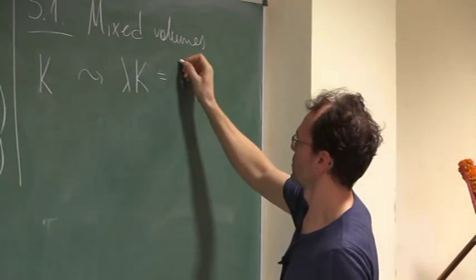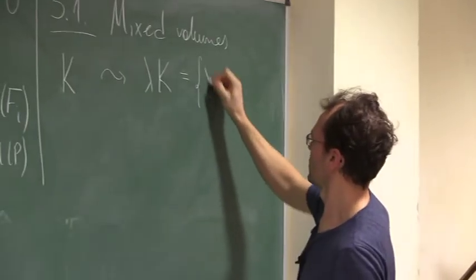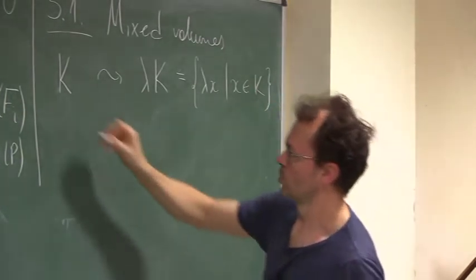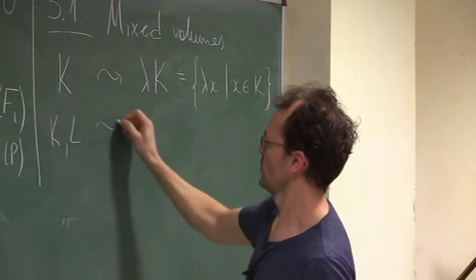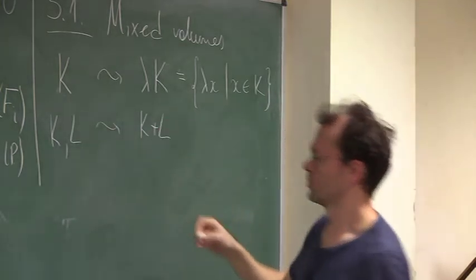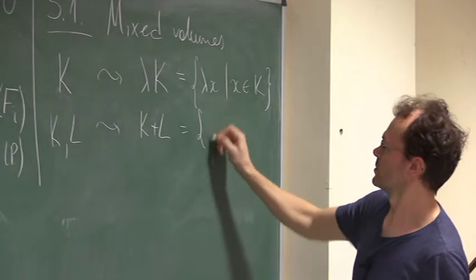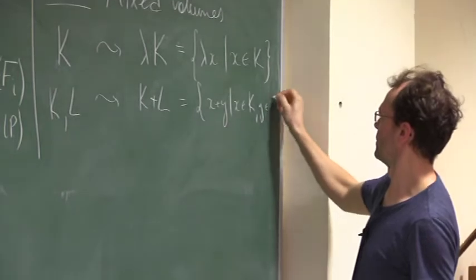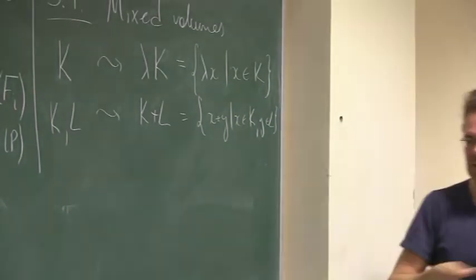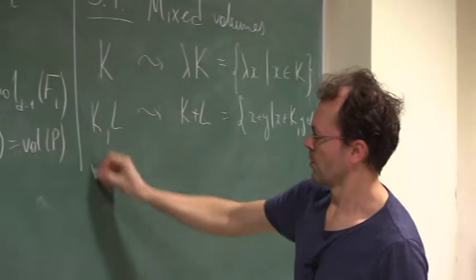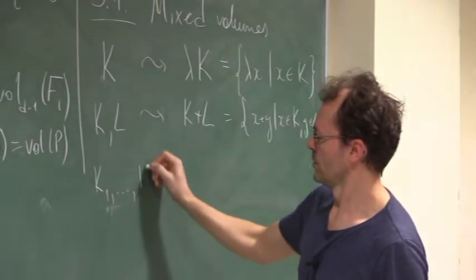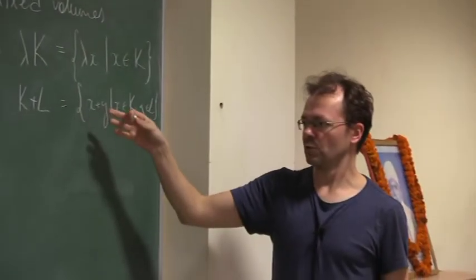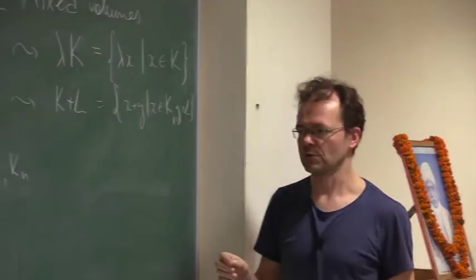So I define lambda K as the set of lambda x over all x in K. If you have two convex bodies K and A, then we can form the Minkowski sum, the set of x plus y, x from K, y from A. But that means we can also take any collection of convex bodies and then consider a sort of linear combination of these bodies, but only with non-negative coefficients.